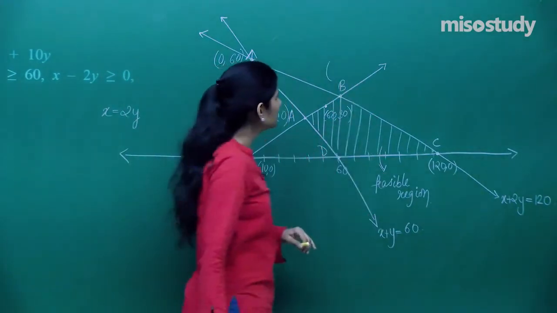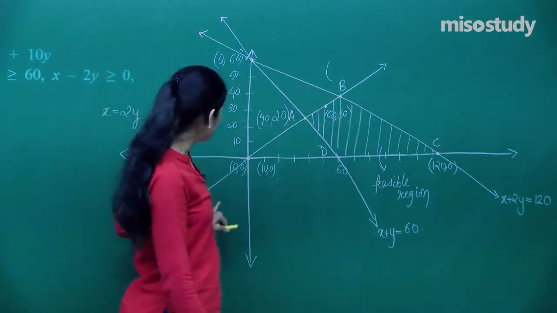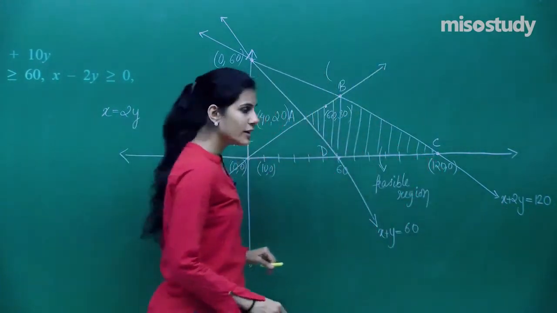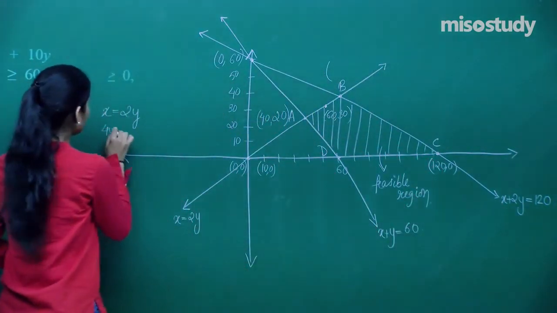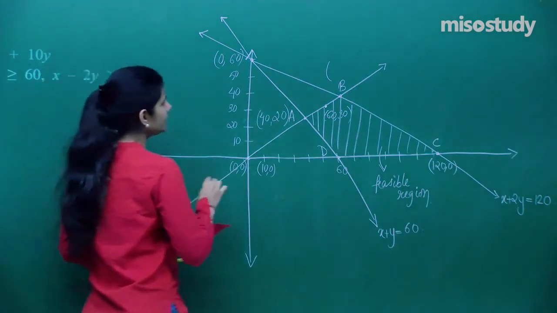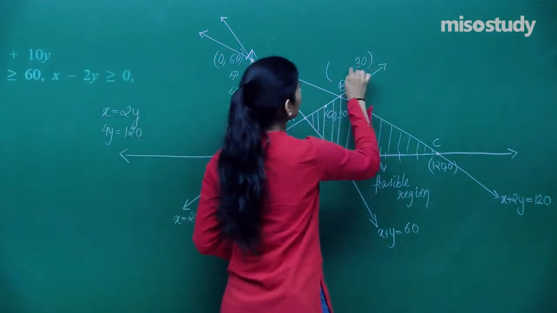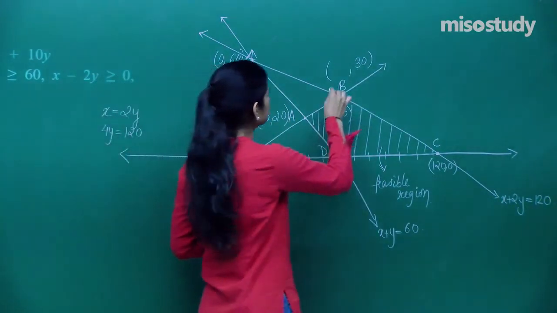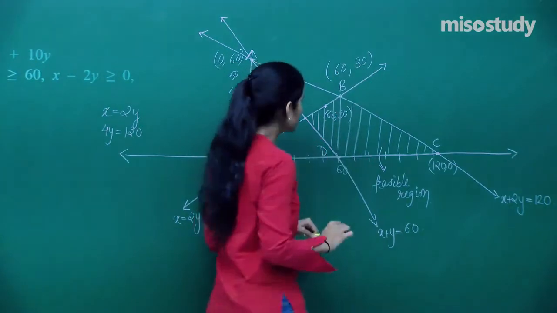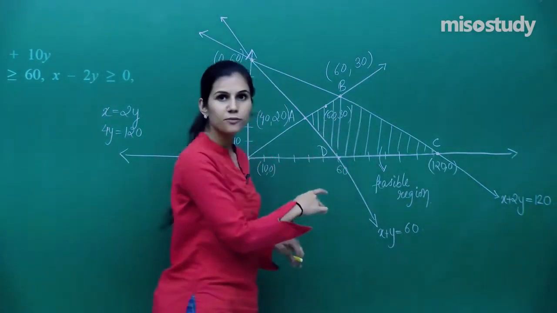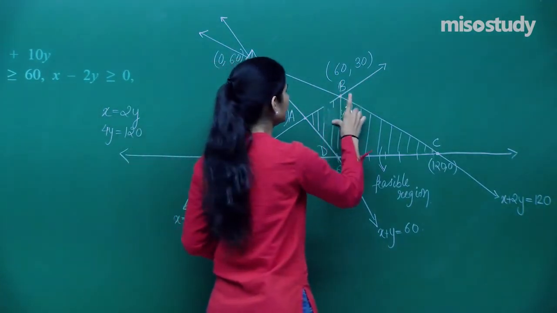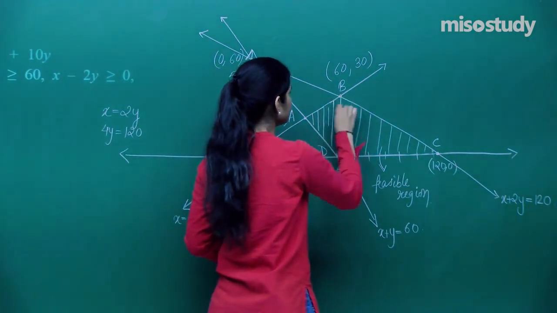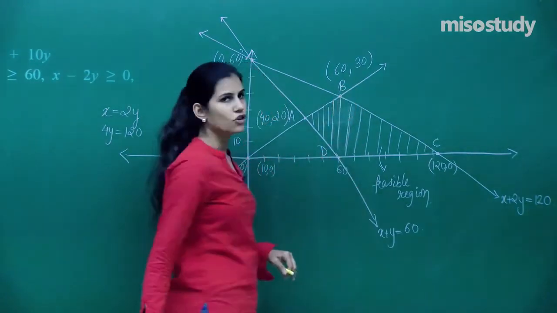B would be what? Intersection of this line and this line. This line is x equals 2y. Put x equals 2y, you get 4y equals 120, so y is 30. If y is 30, 30 into 2 is 60. So this point that we have plotted over here is actually going to be here on this line, 60 comma 30.